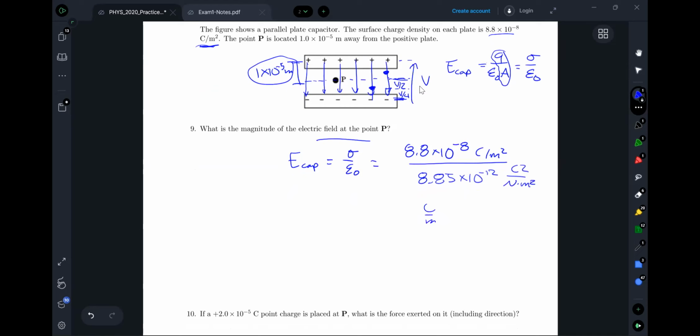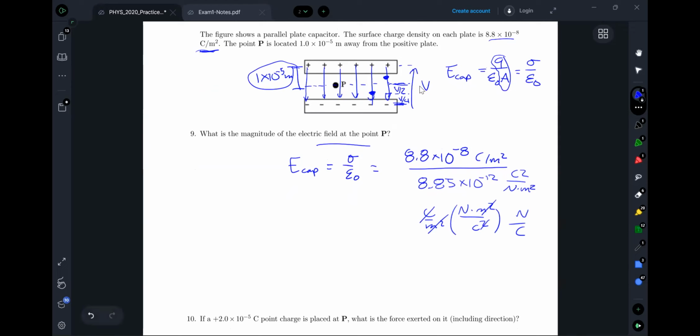And we can check our units: coulomb per meter squared, divided by this, you're multiplying by the reciprocal. You get Newtons per Coulomb, which is the units of electric field.